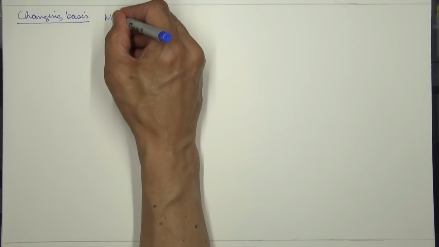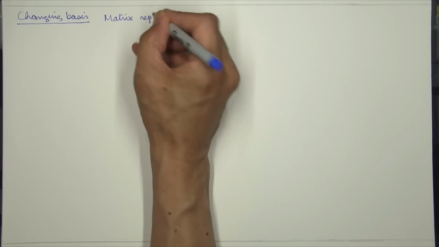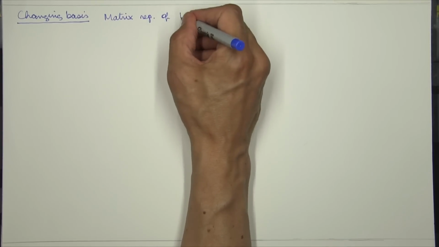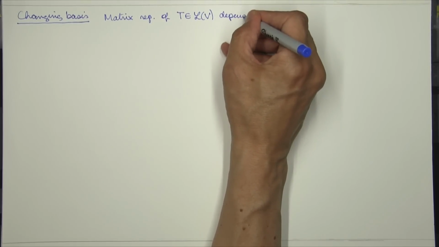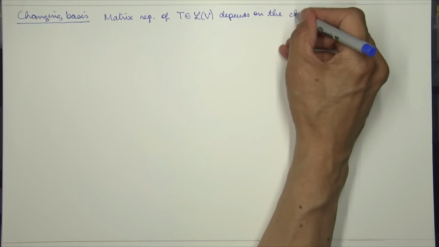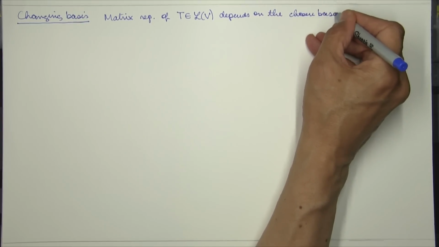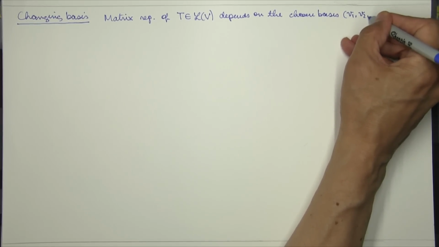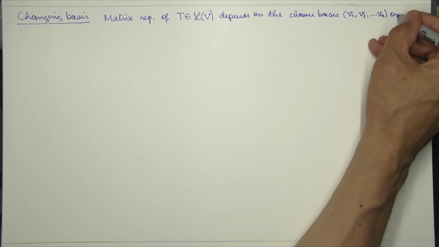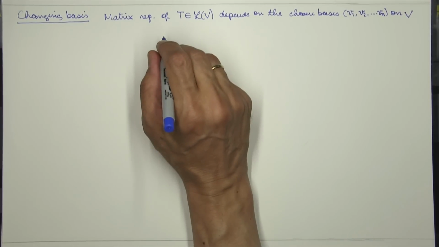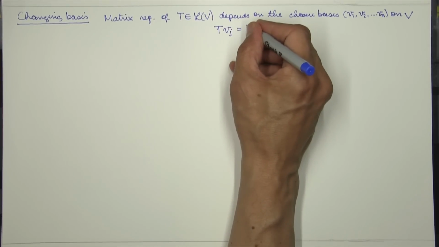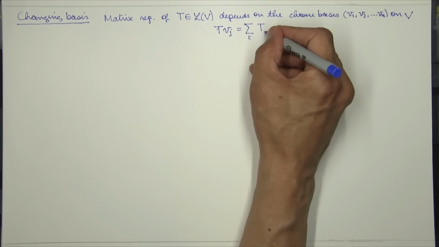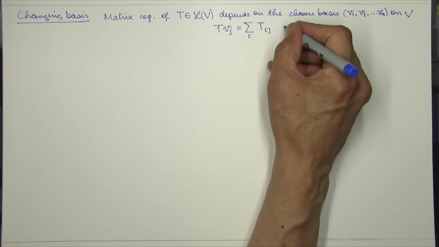So let's begin by saying that the matrix representation of an operator T that is a linear operator on V depends on the chosen basis V1, V2 up to Vn on V. And indeed, you've seen this formula already several times that we say T on Vj is equal to the sum over i of Tij times this vector Vi.